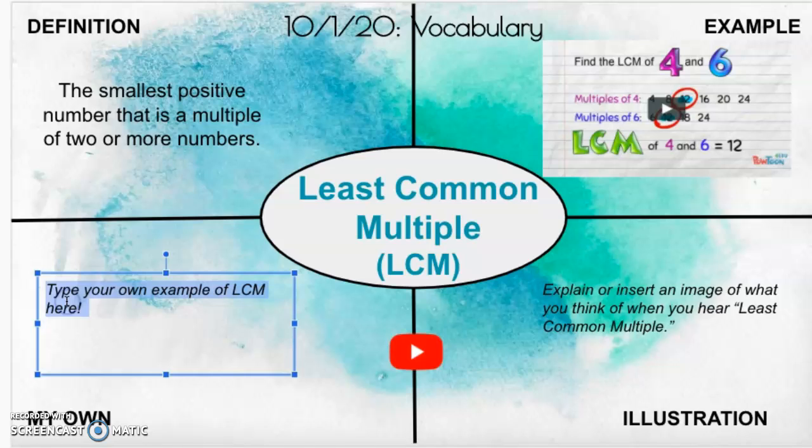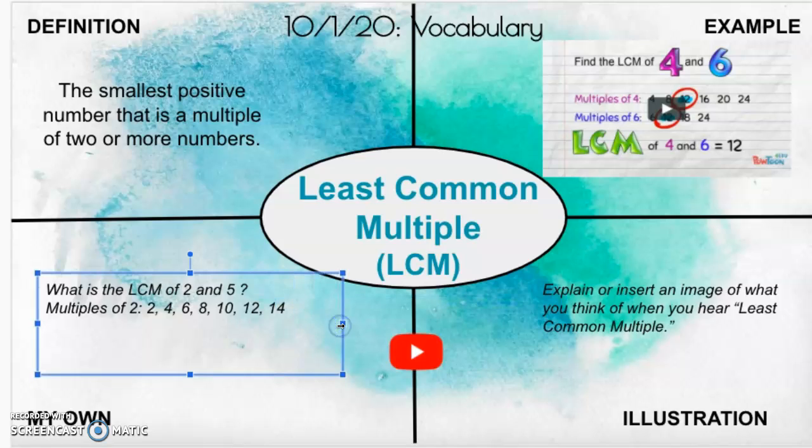Over here, we can type our own example. So what is the LCM of, do you want to do 2 and 5? If we do the LCM of 2 and 5, multiples of 2 are 2, 4, 6, 8, 10, 12, 14, and so on, right?